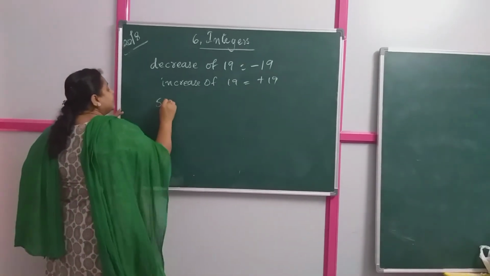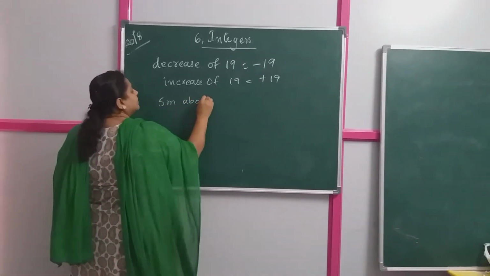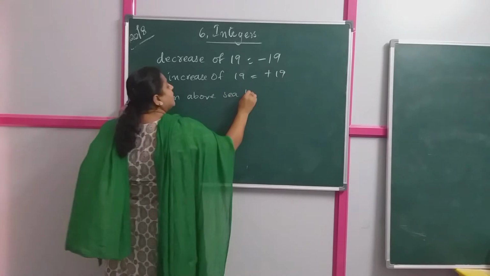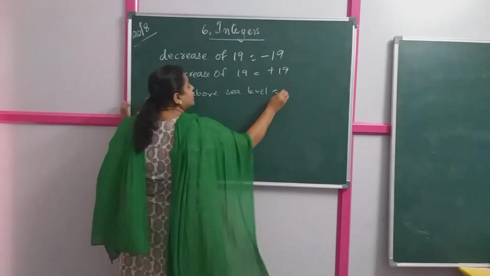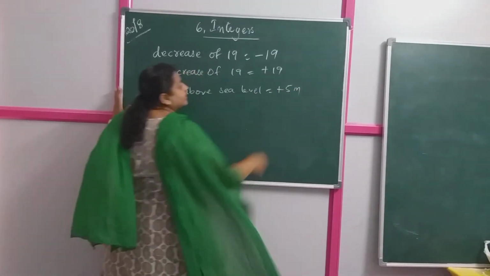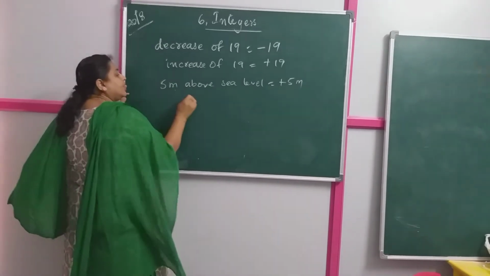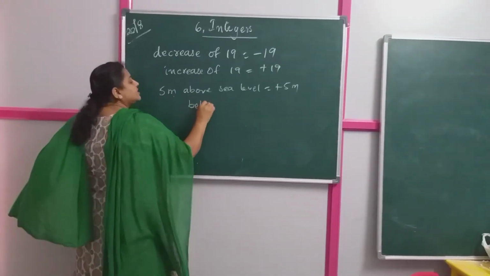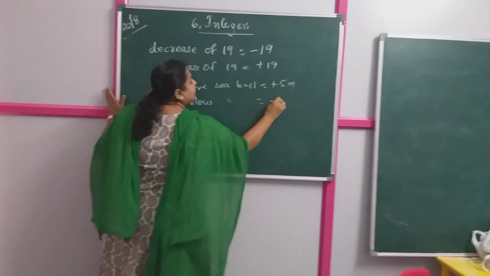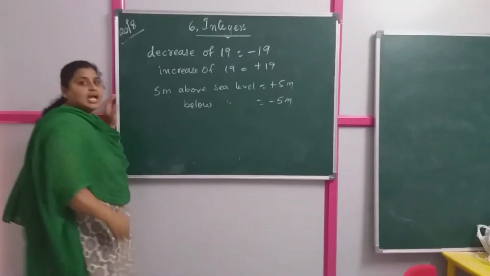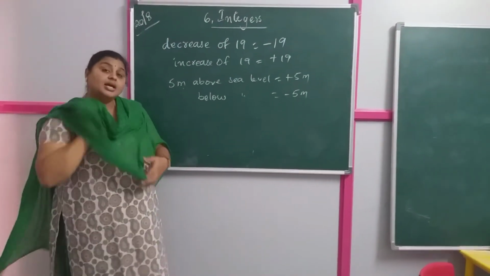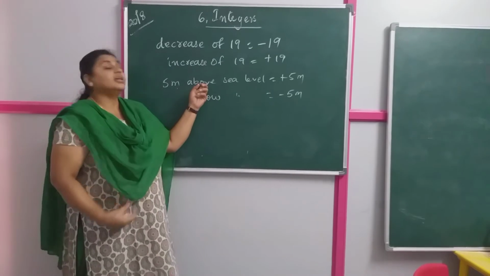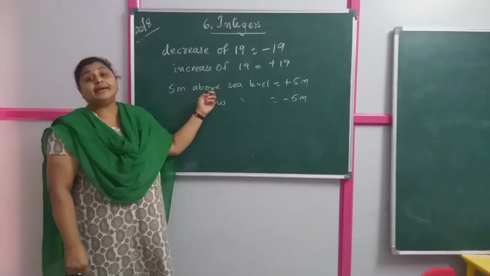Okay. 5 meters above sea level. How do you write, children? Plus 5 meters. If I say the same thing, 5 meters below sea level, what do I write? Minus 5 meters. This is how you write the number as an integer depending on the sentence given.